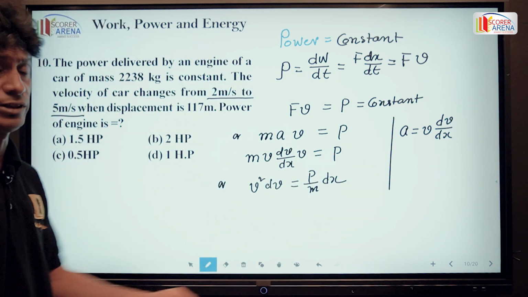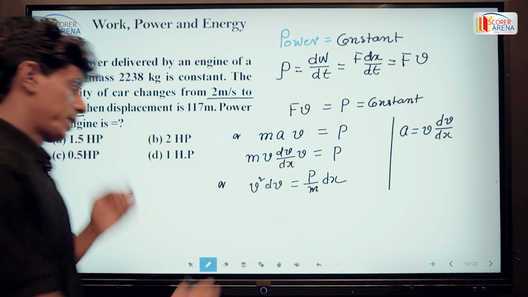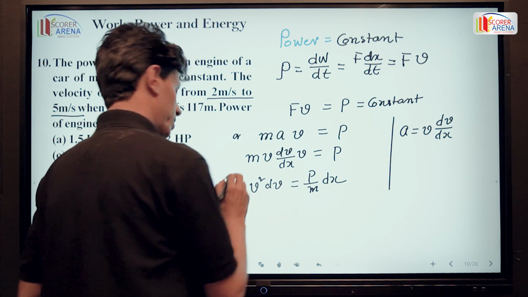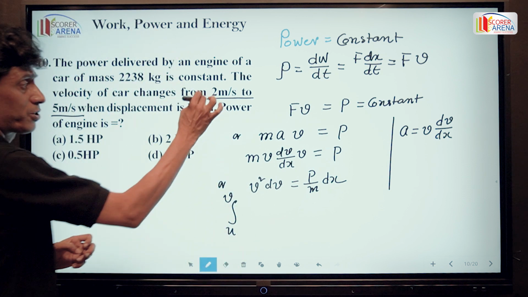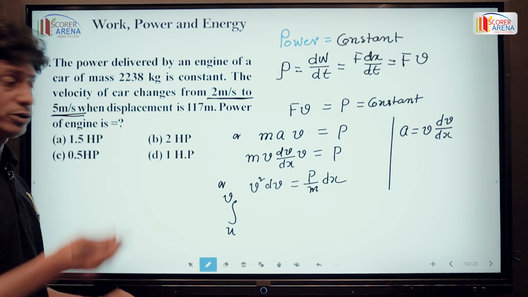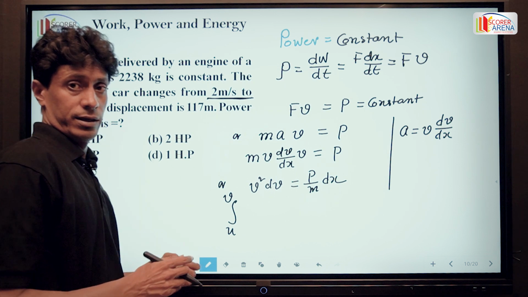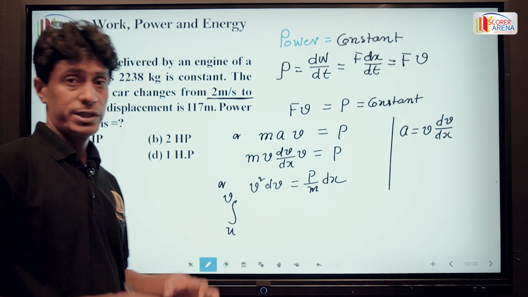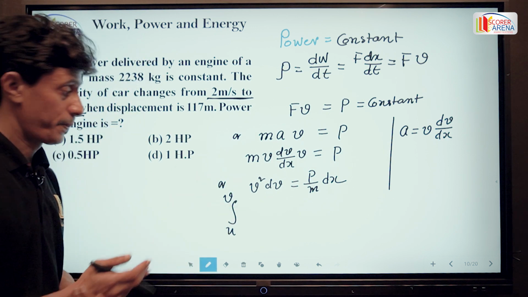So integration from u to v, because in the problem the initial velocity is 2 meter per second and the final is 5 meter per second. So this is why the lower limit is u and the upper limit is v. u is the initial velocity and v is the final velocity.